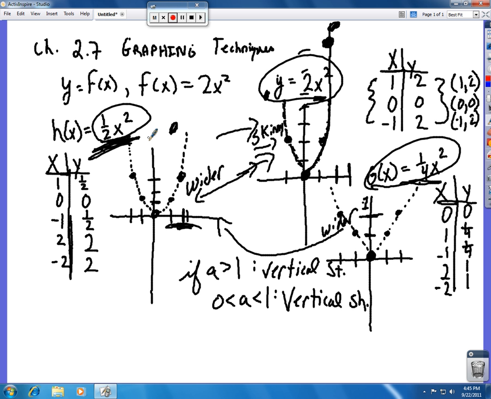As you plug in 2, you're just getting 1. And then coming back over here, as you plug in 1, you get a fourth, and as you plug in 2, you get 1 again. So it's not climbing the y-axis nearly as fast. And the smaller the coefficient out in front you have, the slower it's going to climb the y-axis.